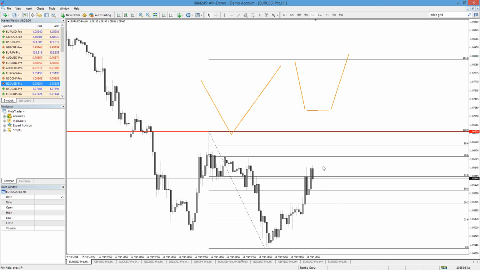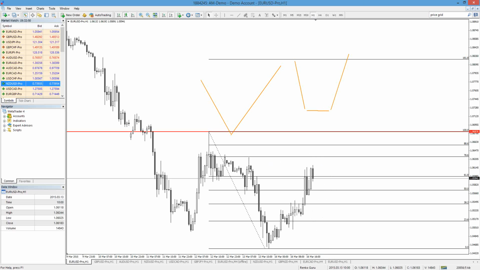Next thing, I want this V-shaped reversal to be exactly what it is, V-shaped reversal. So it needs to break this high here, and the actual high is 60.35.